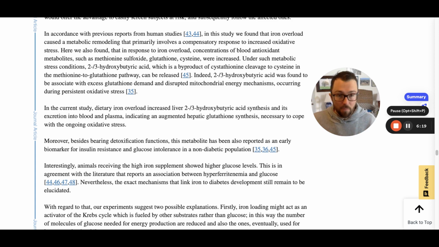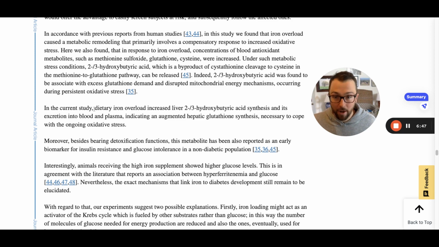What all of this means for the consumer of this information is what they talk about a little bit more in the discussion. So it's saying here that this falls in line with what has been shown in the research, in that iron overload causes a systemic metabolic remodeling that compensates for both an increase in oxidative stress as well as a decrease in glucose metabolism.